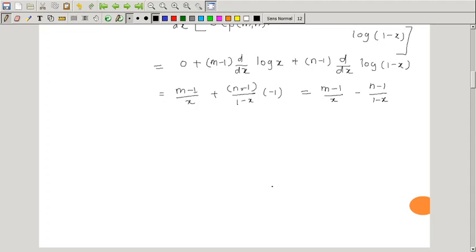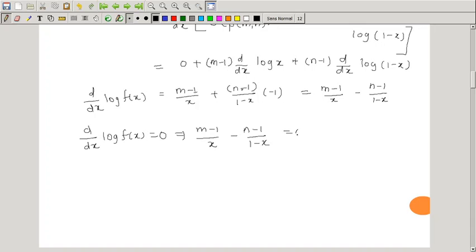So equating this term, d by dx log of f of x, to 0, we get m minus 1 upon x minus n minus 1 upon 1 minus x equal to 0.